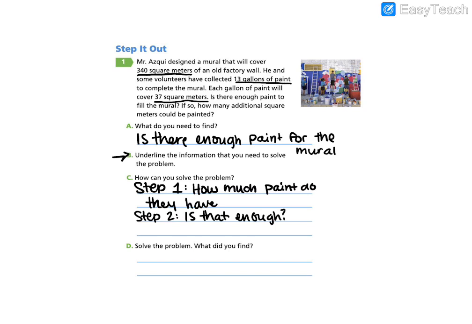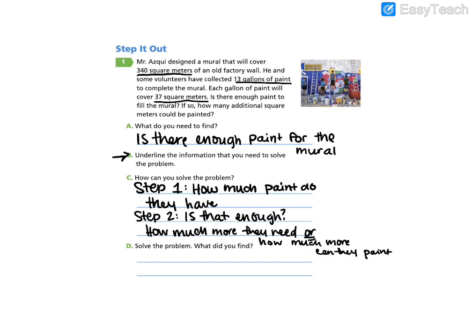Then we would find out how much more they need, or how much more can they paint? Because they might have extra, right? They might be able to cover 500 square meters, or they might only be able to cover 200 square meters.